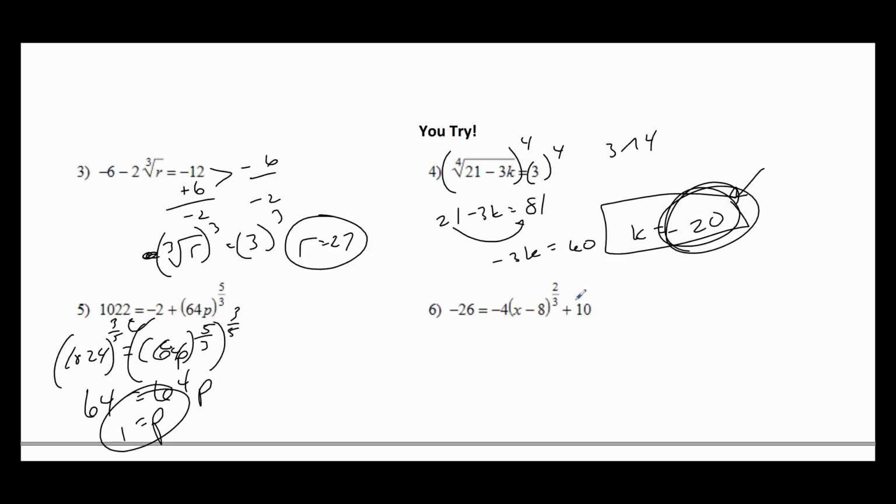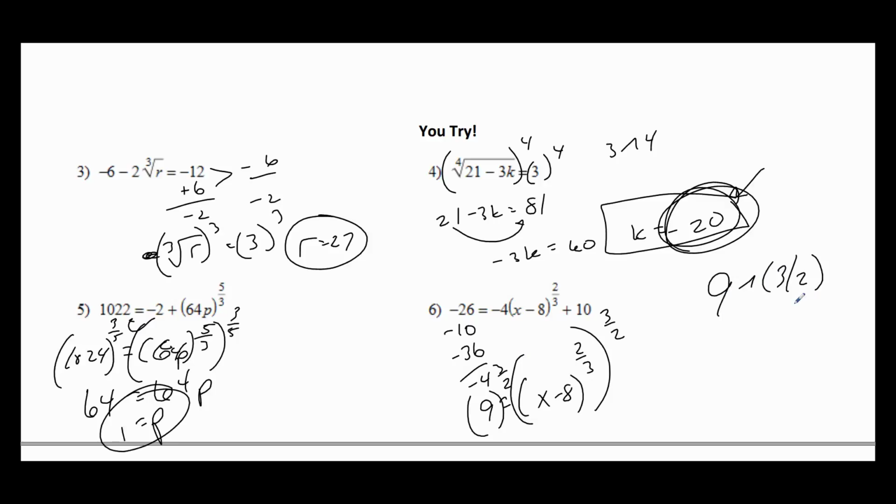Number 6, I got to get rid of the 10 first, so that becomes a negative 36. Divide by the negative 4 becomes a positive 9 equals x minus 8 to the 2/3. Now I got to flip it, so it's 3/2. But again, 9 to the 3/2 is going to be 27, but it's plus or minus 27 because you introduce an even root.